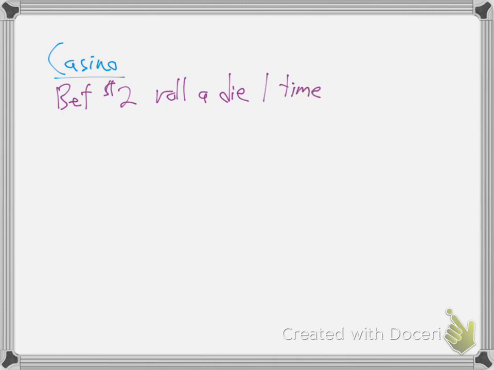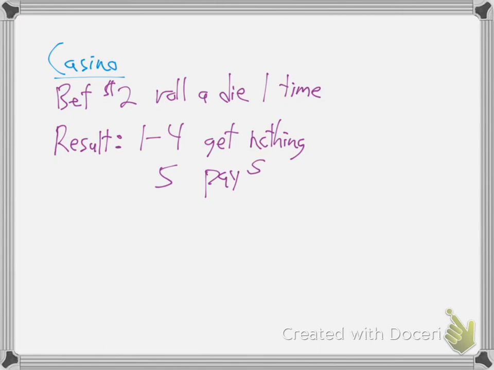And if the result is 1 through 4, you get nothing. But if you get a 5, they pay you $3. And if you get a 6, they pay you $6.